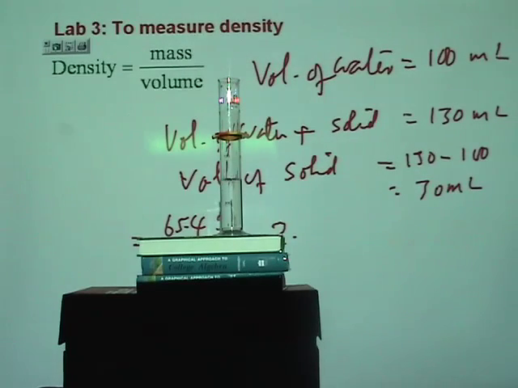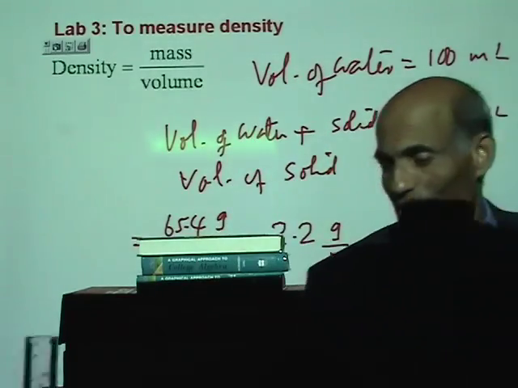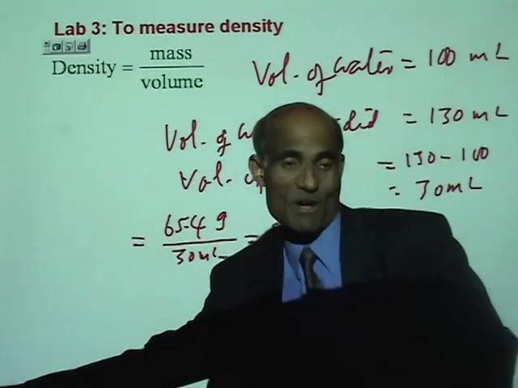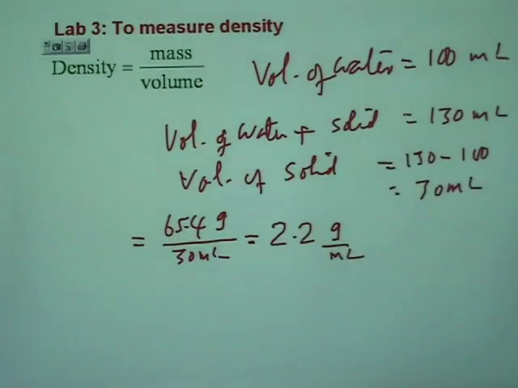So the density of this substance is 2.2 gram per milliliter. You see how we obtain the volume of the substance and how easy it is to measure density of a substance.